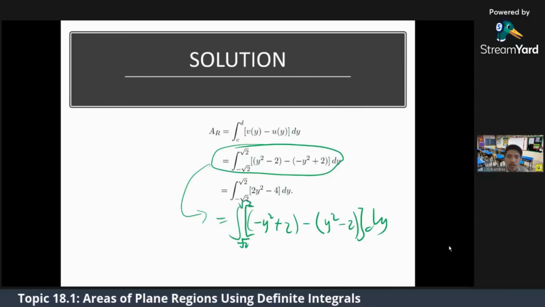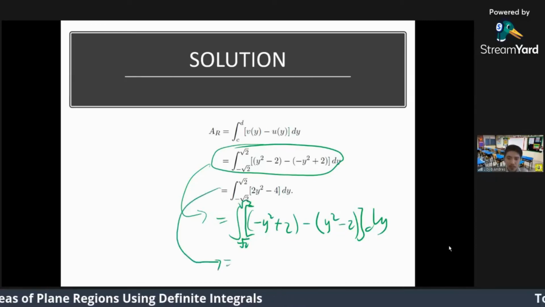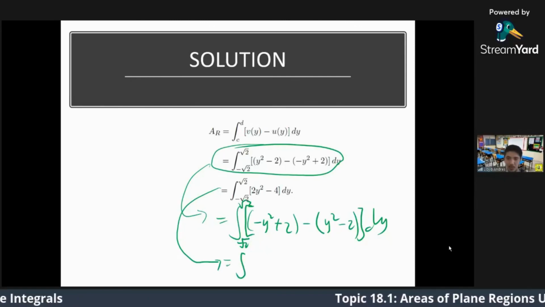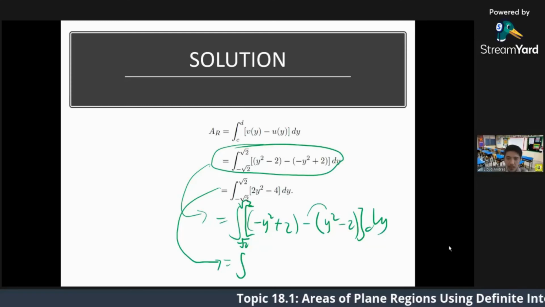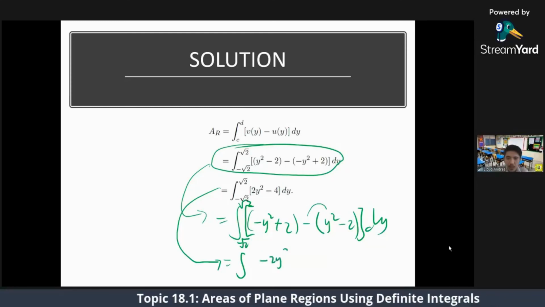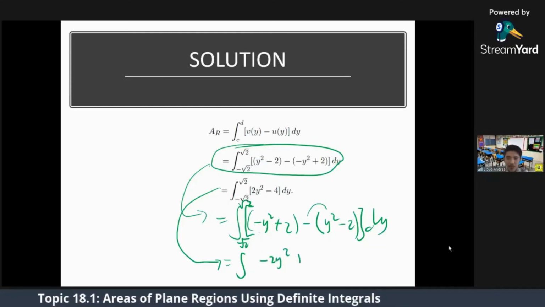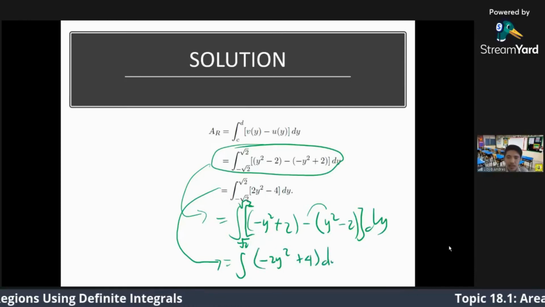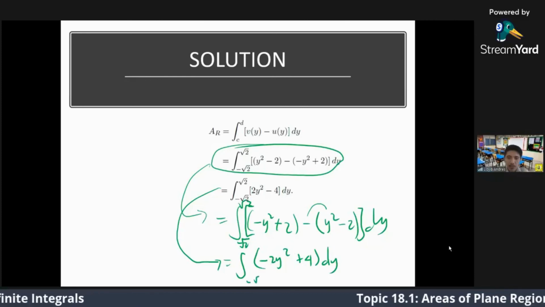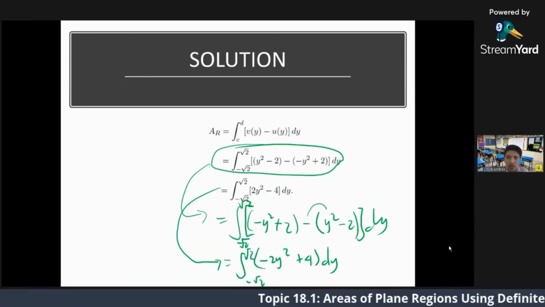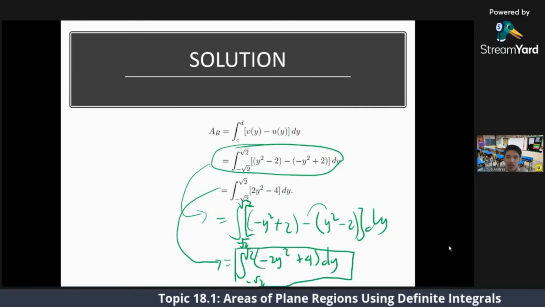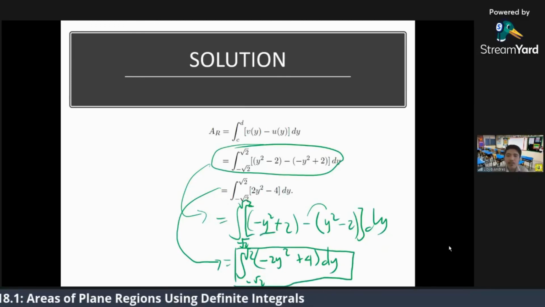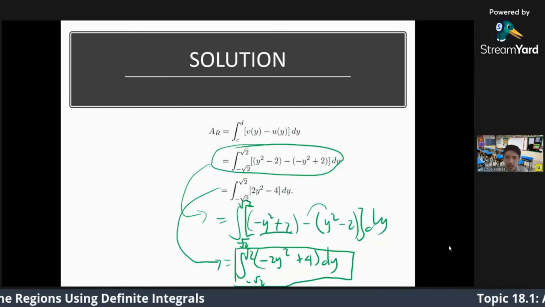And finally, this should be the integral of negative 2y squared plus 4 dy, with limits from negative square root of 2 to square root of 2. The right curve comes first, minus the left curve.